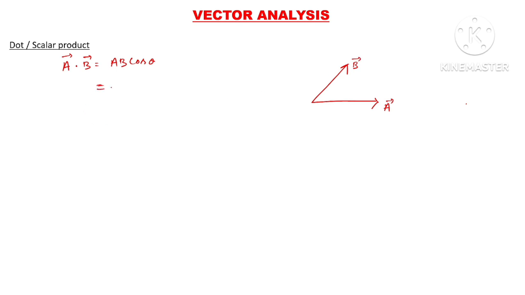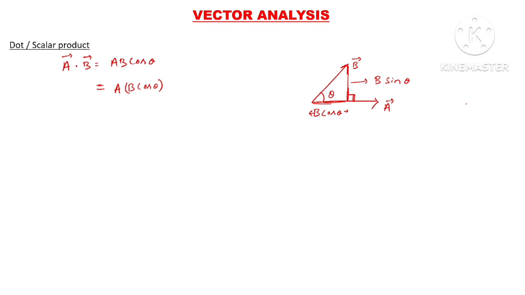Now break down this equation. It becomes A into B cos theta. If these two have an angle theta, then B cos theta will be which component? This one. If I draw a perpendicular height to this A vector, it is 90 degree, then this will be B cos theta, this distance, and this part will be B sin theta, right?